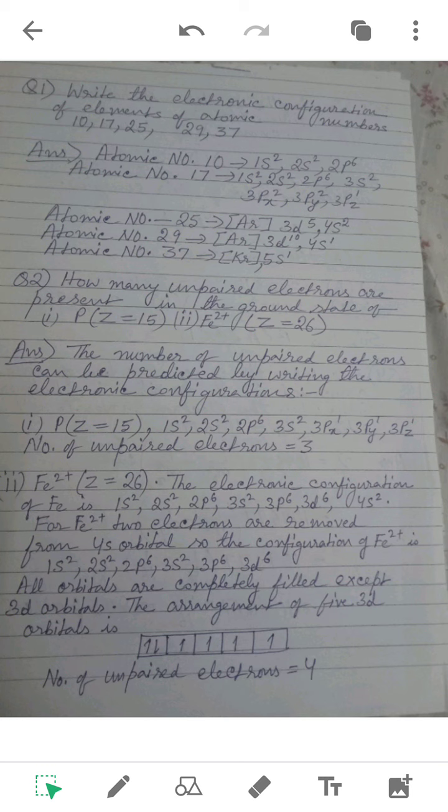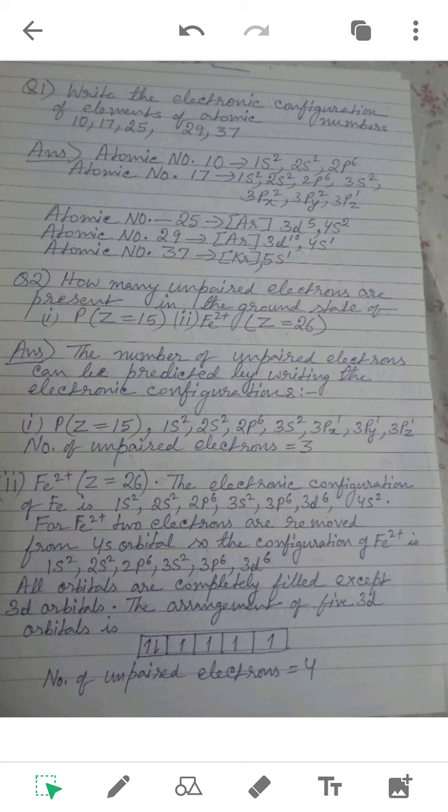Next atomic number is 17. Again, in the same way the electrons will be filled up. First energy level is 1s2, second energy level 2s2, then 2p6. So a total of 10 electrons are completed, 7 are left. Now 3s2, so again 2 electrons are gone.